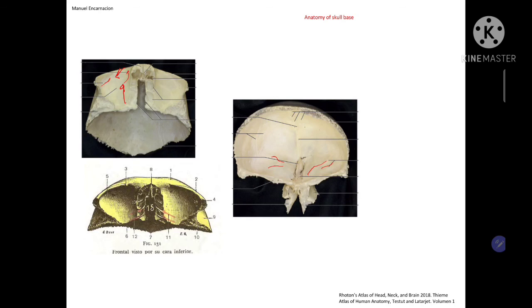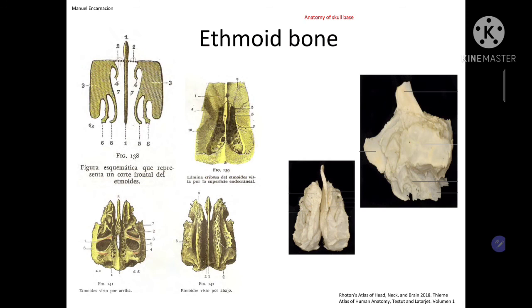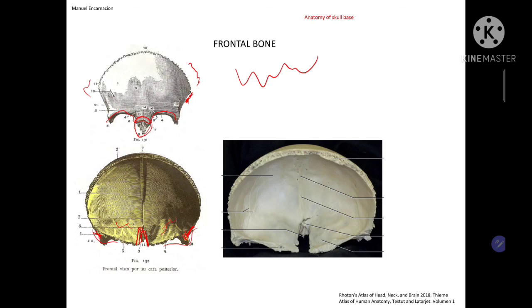These two sinuses are separated by a thin anteroposterior septum. Usually the measures on average are 2 to 2.5 centimeters in height and 2.5 to 3 centimeters wide. So with that we finish with the frontal bone.